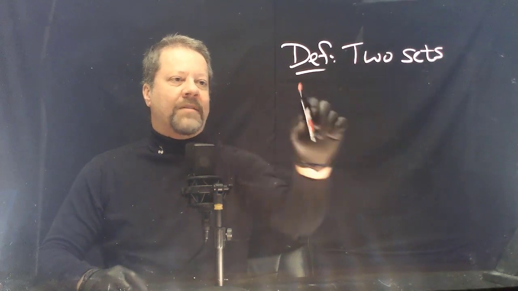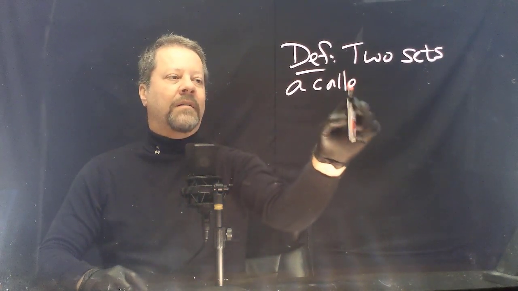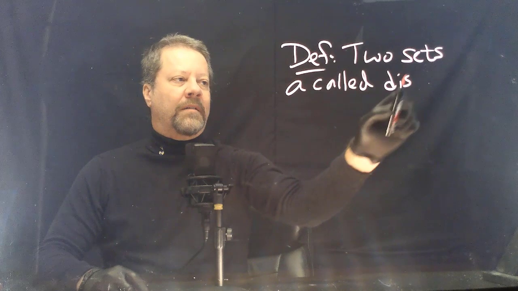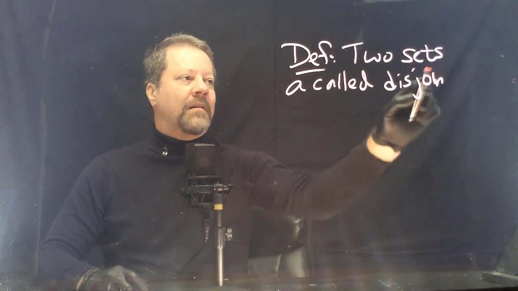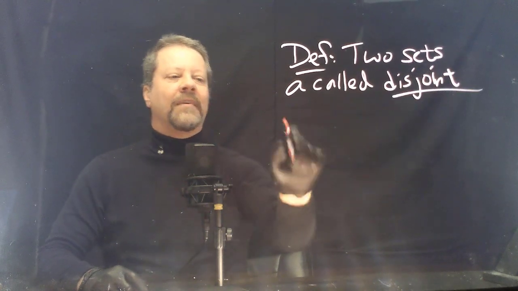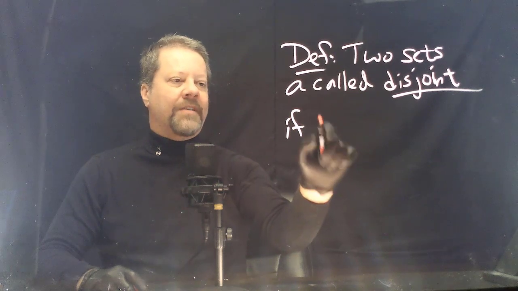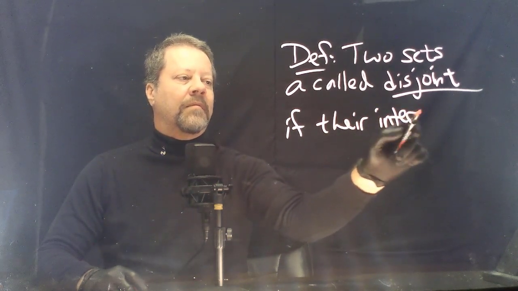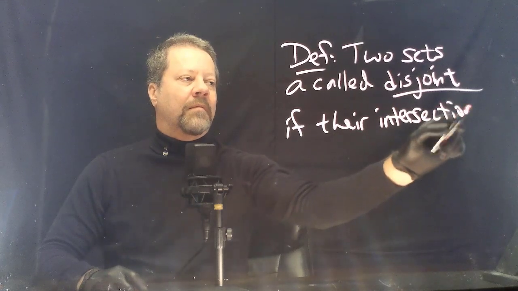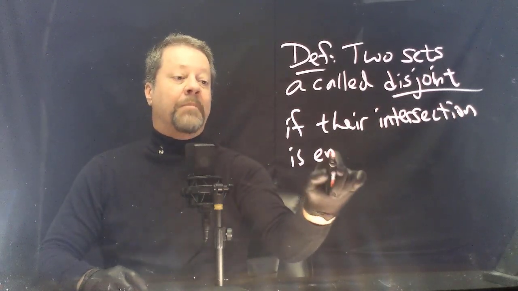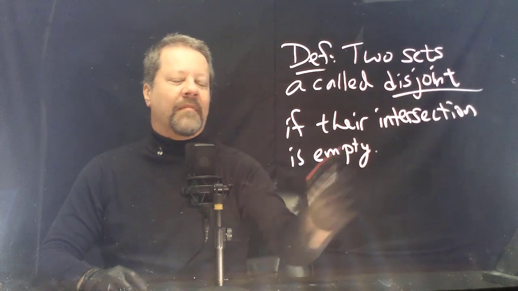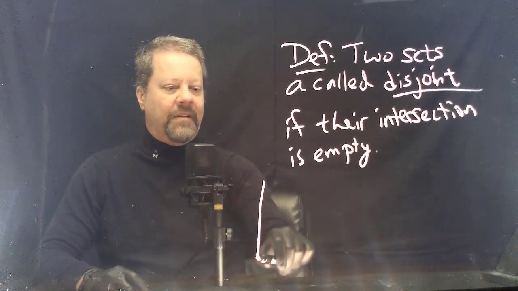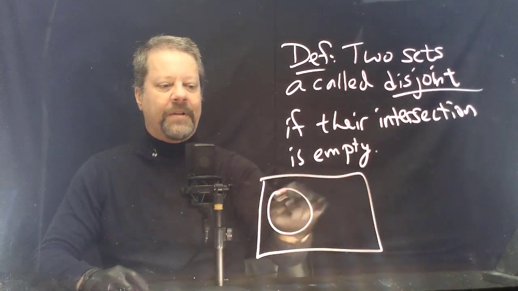Two sets are called disjoint if their intersection is empty. So disjoint sets have no points in common.